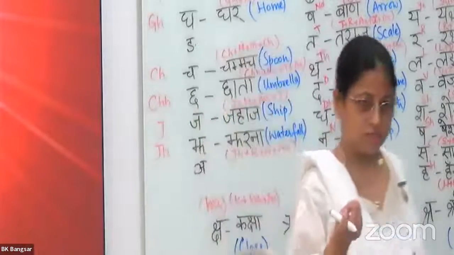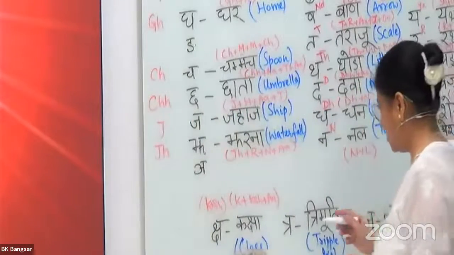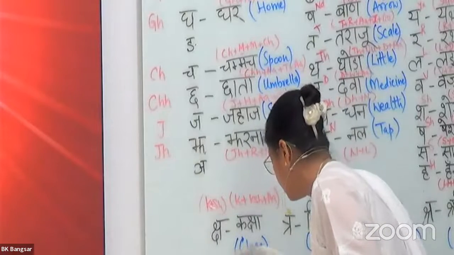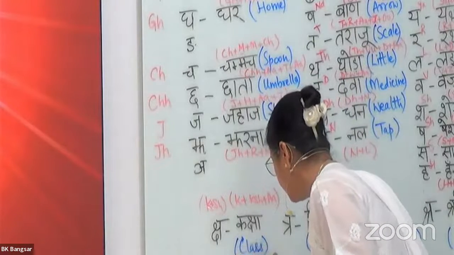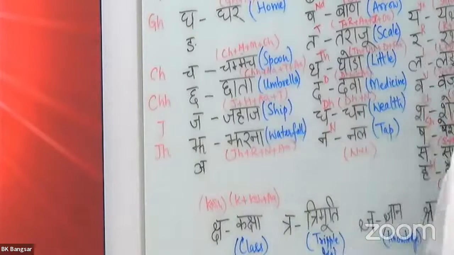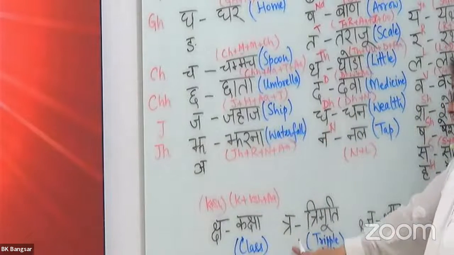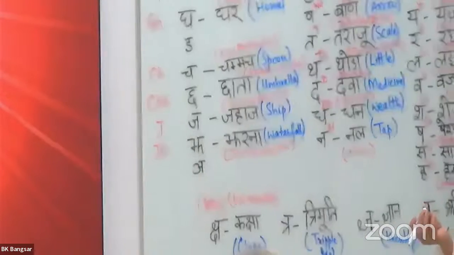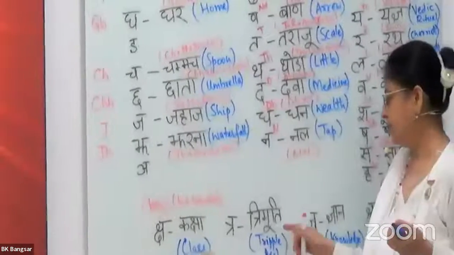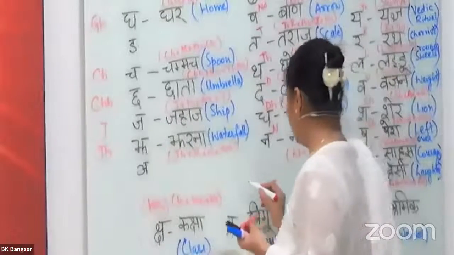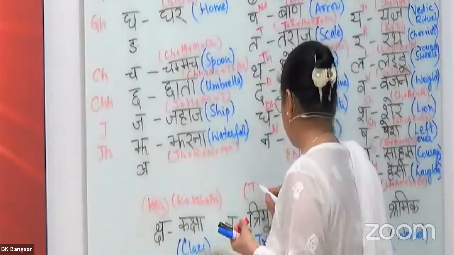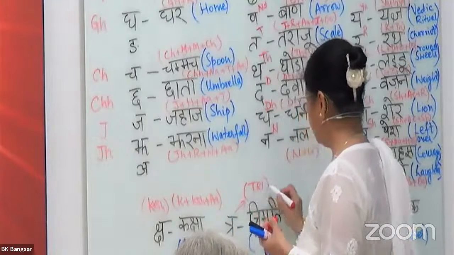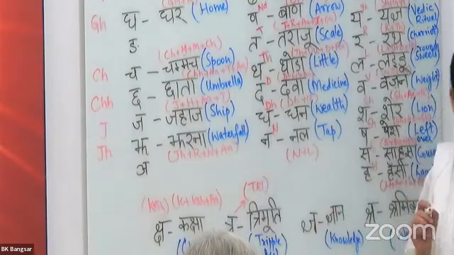That is kshama. Okay. Yes. So it will be like kshama. And Trimurti. Baba always uses Trimurti, right? Tri. This is pronounced as Tri.